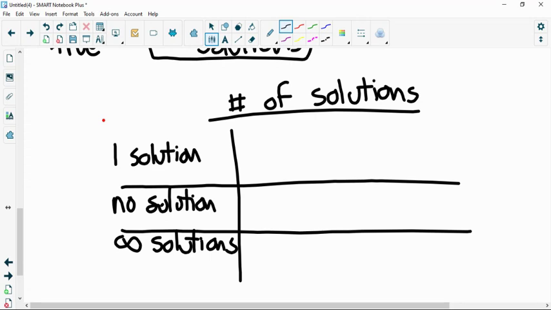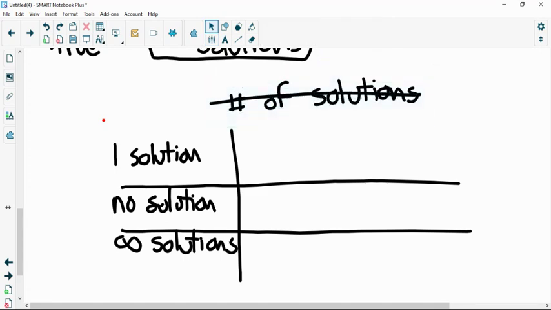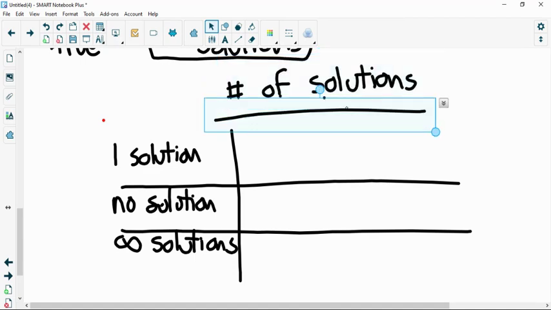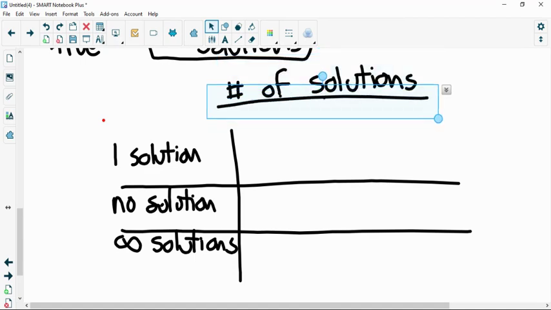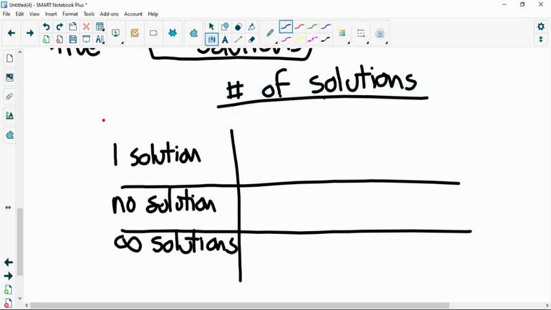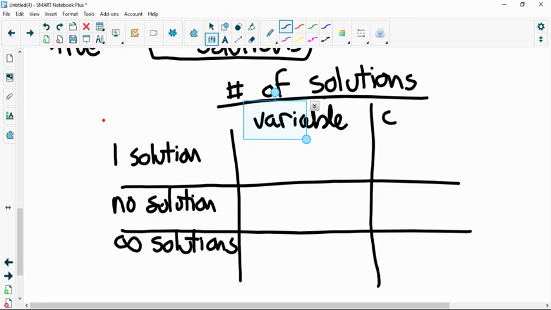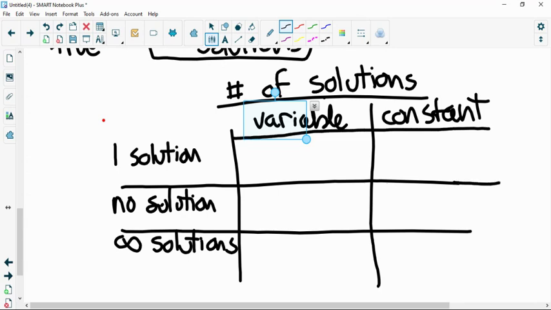And for the chart, let's see. We have to consider the variable terms and the constant terms. And what we're going to look at is which ones are the same and which ones are different.